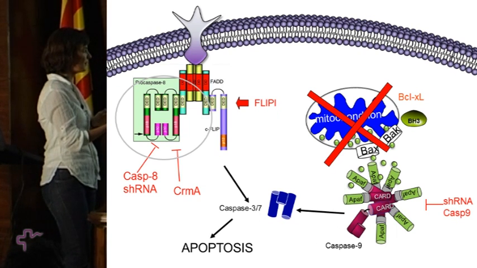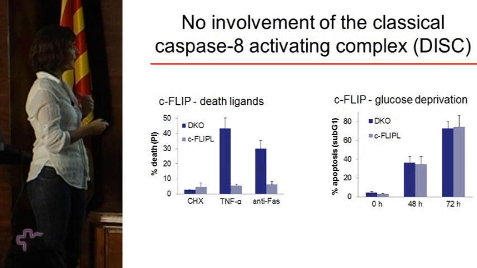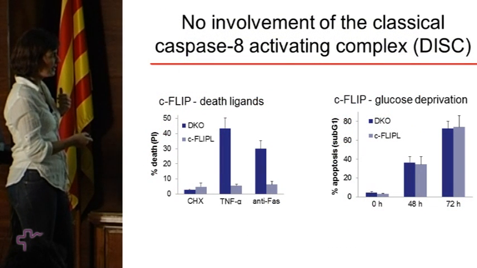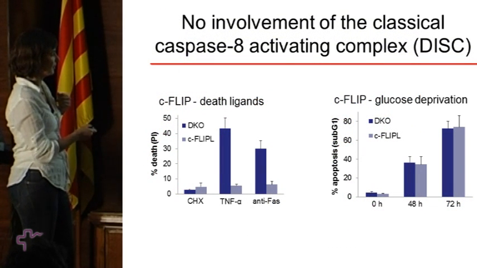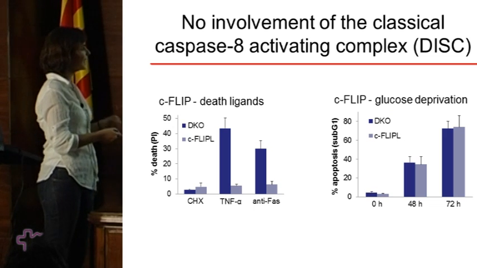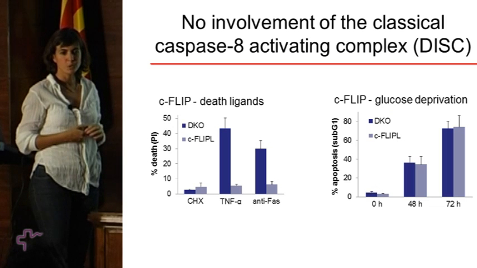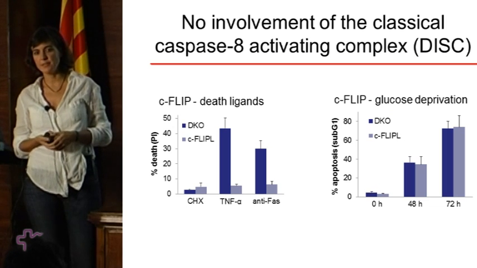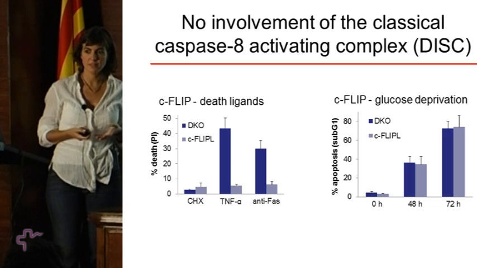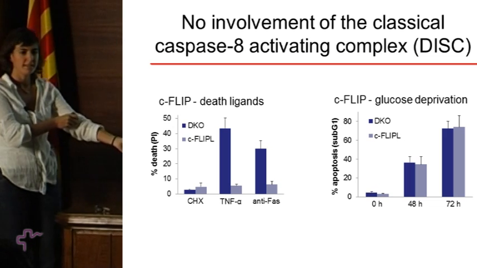So when we overexpress FLIP, cells are completely protected from death ligands, as you would expect, completely protected from TNF and from anti-Fas, but they are absolutely not protected from glucose deprivation.